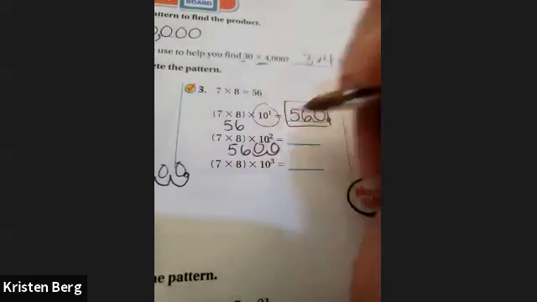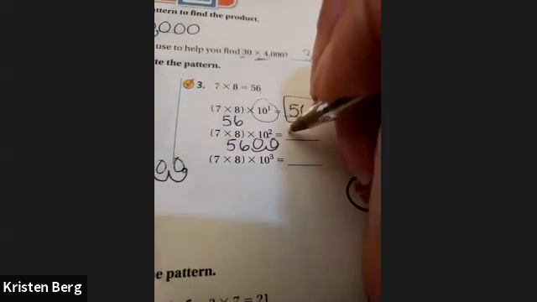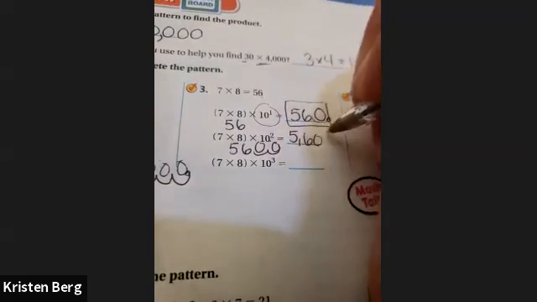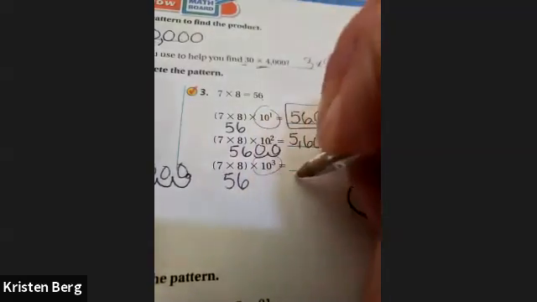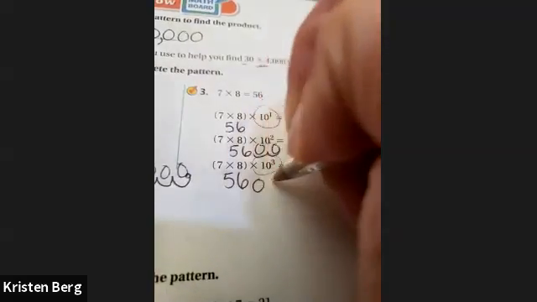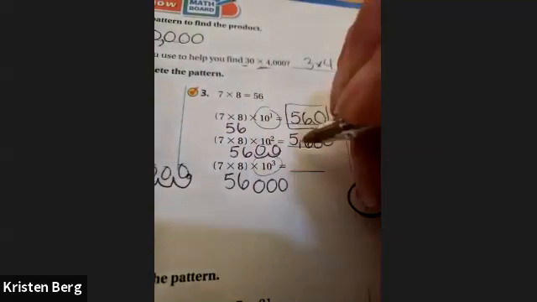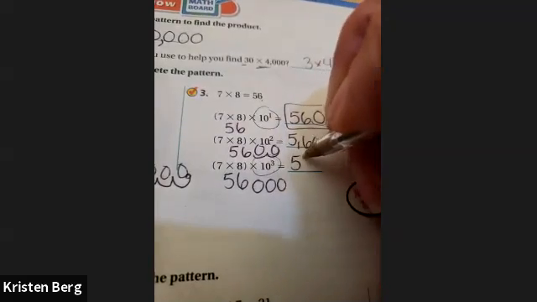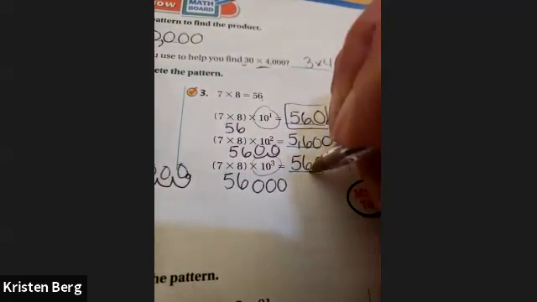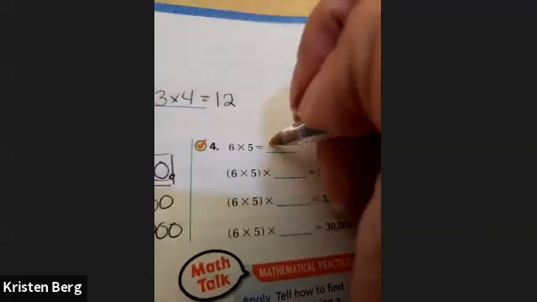This one saying you're at 56, and then this is saying you're going to move it 2 places or add 2 zeros to the back of it, and your answer would be 5,600. This one, still 56, but now it's saying you can make it bigger by 3 places or just simply add 3 zeros behind it. So that is going to be 56,000.